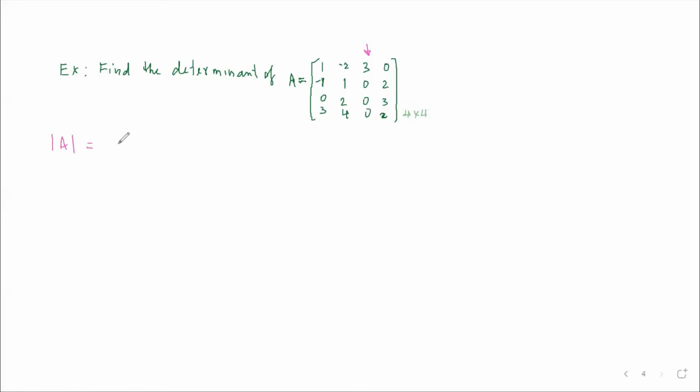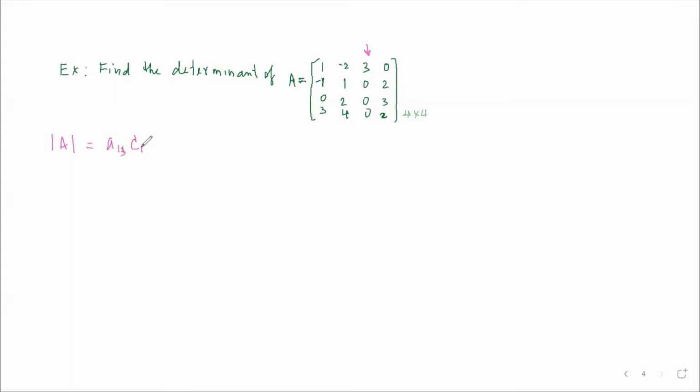So we can write it down, using the formula from the previous example, the definition: row 1, that means A13 times C13, no, this one should be 3 here.